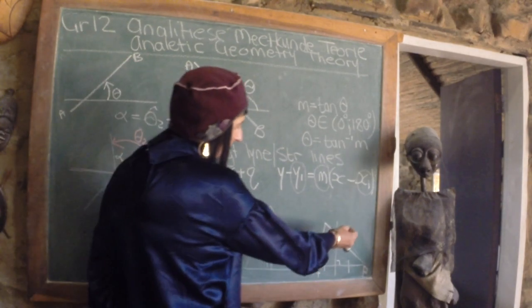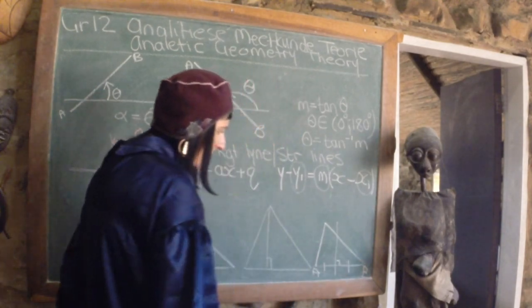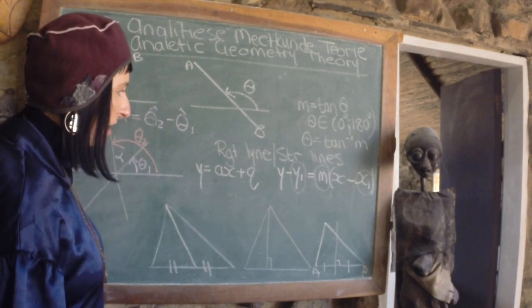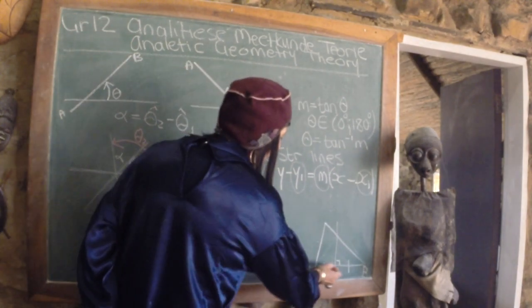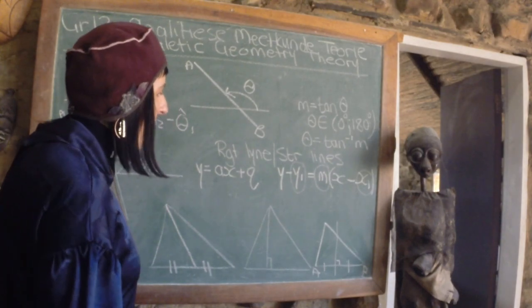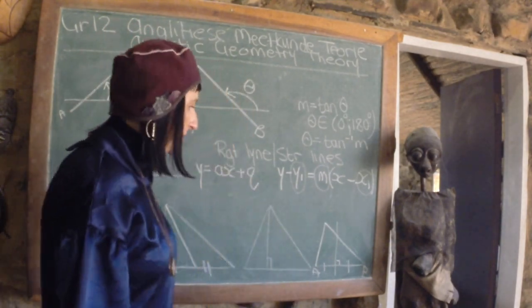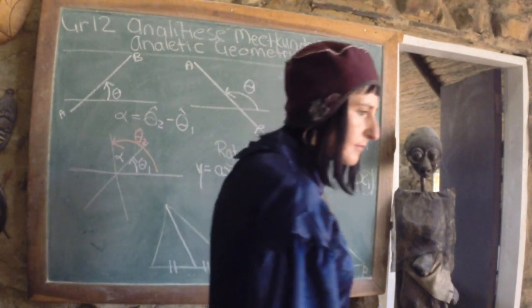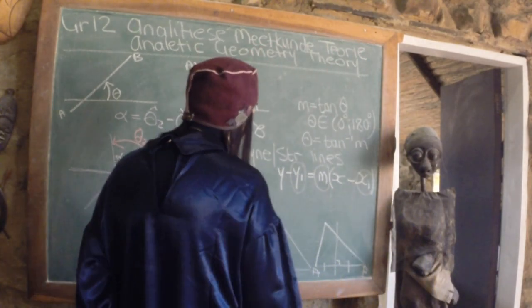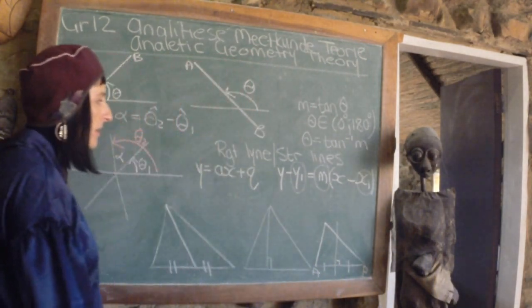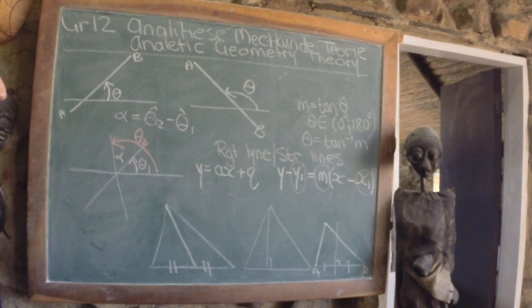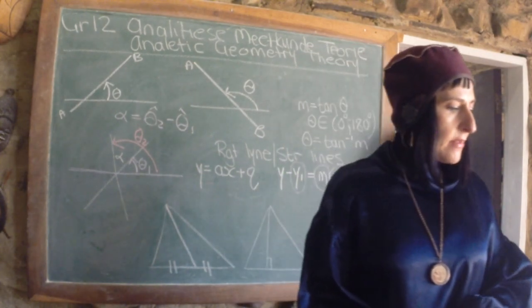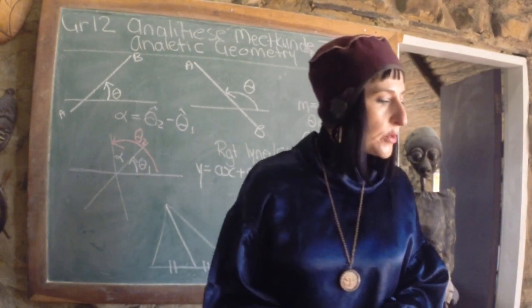And the last one is this perpendicular bisector, where the line is not coming from the vertex of the triangle, but it divides the opposite side in halves and it forms a 90 degree angle. It's perpendicular. So dit is ons middelloodlyn. Hy kom nie van die hoekpunt van die driehoek af nie. Onthou dit.